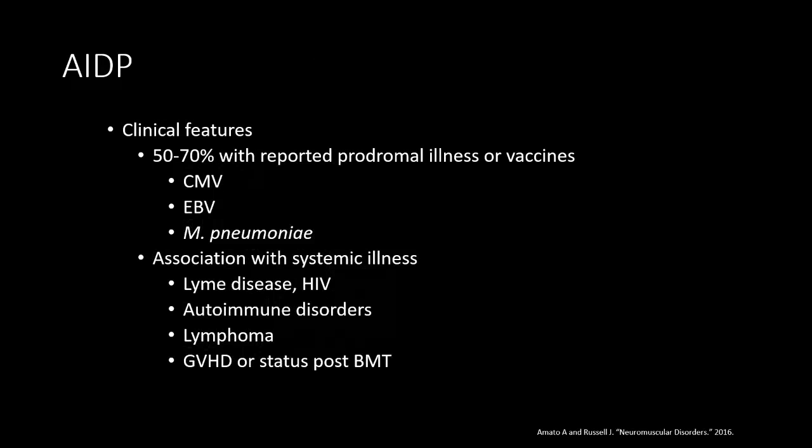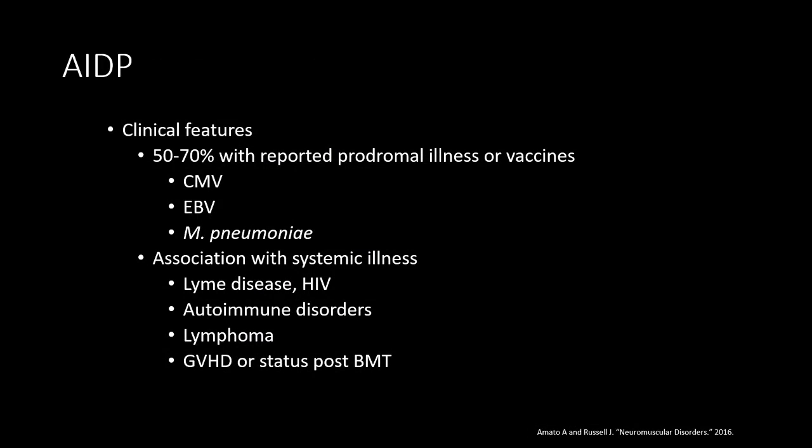As I mentioned before, most patients do have a reported prodromal illness or may have been vaccinated within the preceding week or two. In the demyelinating form of GBS, CMV, EBV, and mycoplasma tend to be the most commonly isolated pathogens. It's also important to think about systemic illnesses in patients who present with GBS.